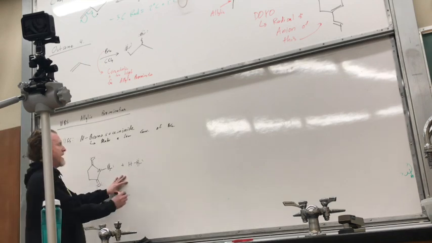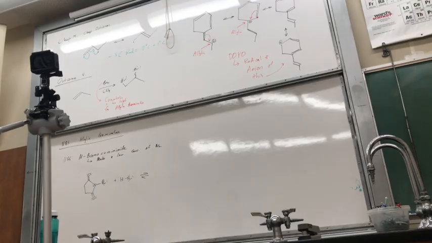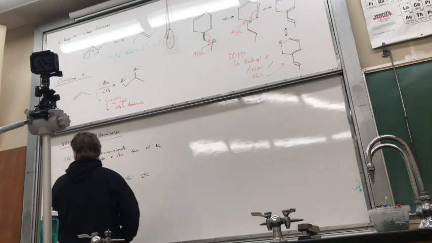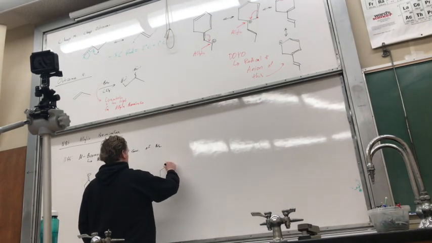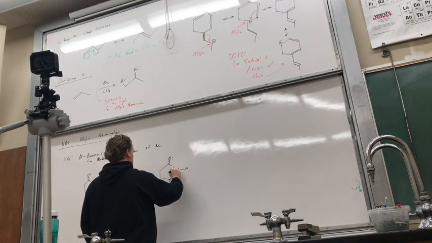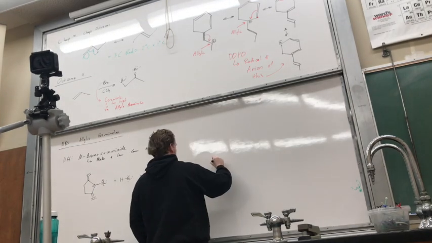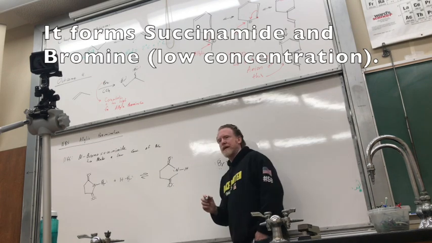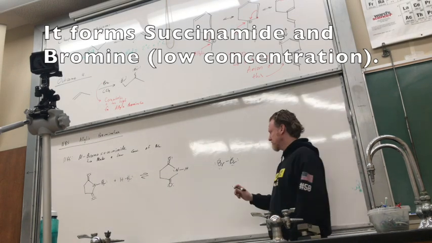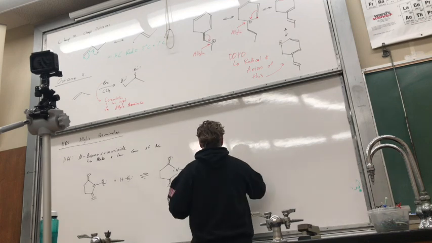And because of that, the NBS winds up forming succinimide and Br2. But the reaction is very slow. So you wind up with a very low concentration of Br2.